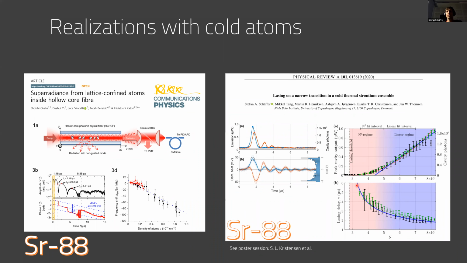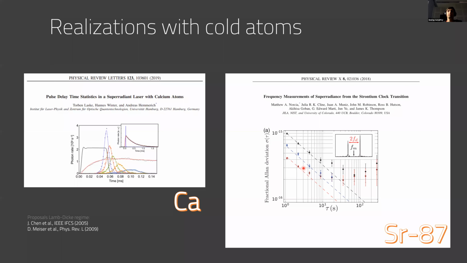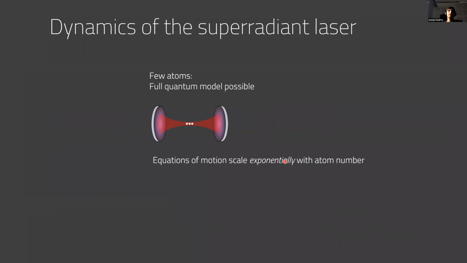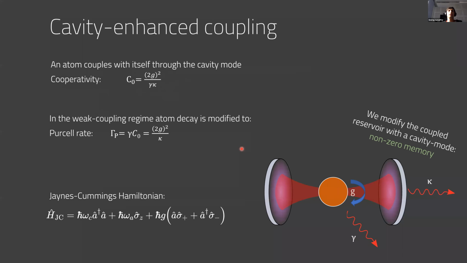So I mentioned that the Purcell rate, the rate at which individual independent atoms couple into the cavity mode, scales with this single atom cooperativity. And in our experiments in Copenhagen, for example, the single atom cooperativity is on the order of 10⁻⁴.